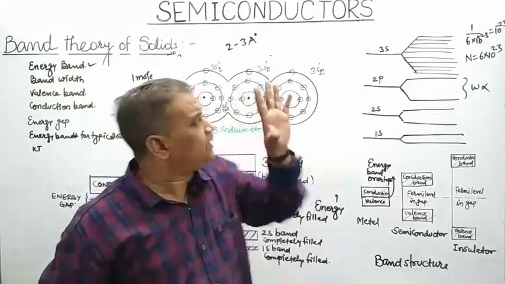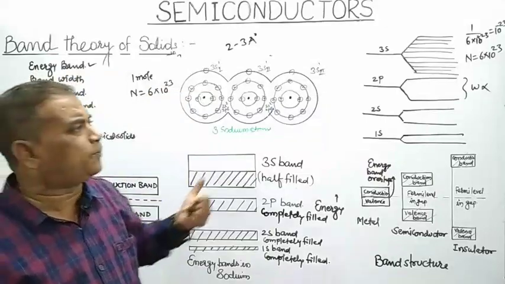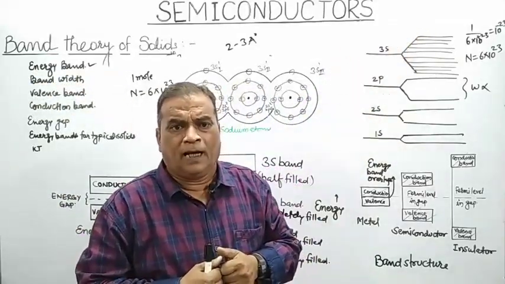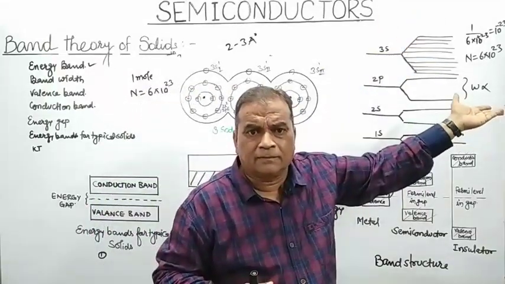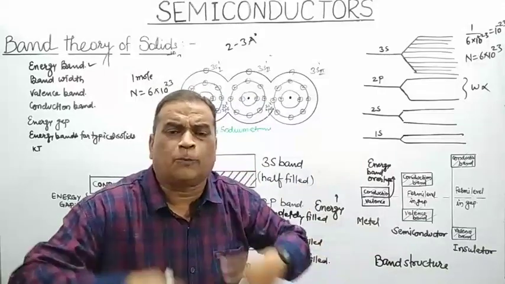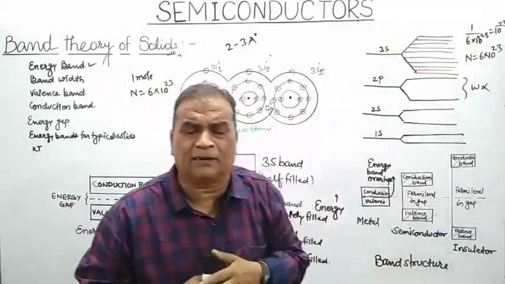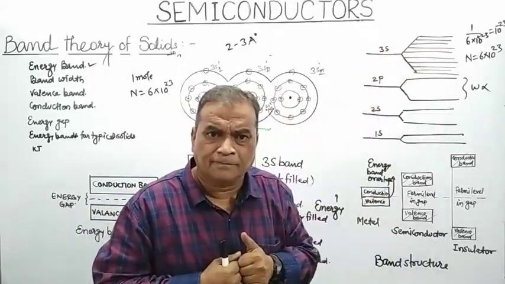So the valence level of sodium is the topmost occupied energy level, which is the 3s level, and the topmost occupied band, or the highest occupied band, is called the valence band.